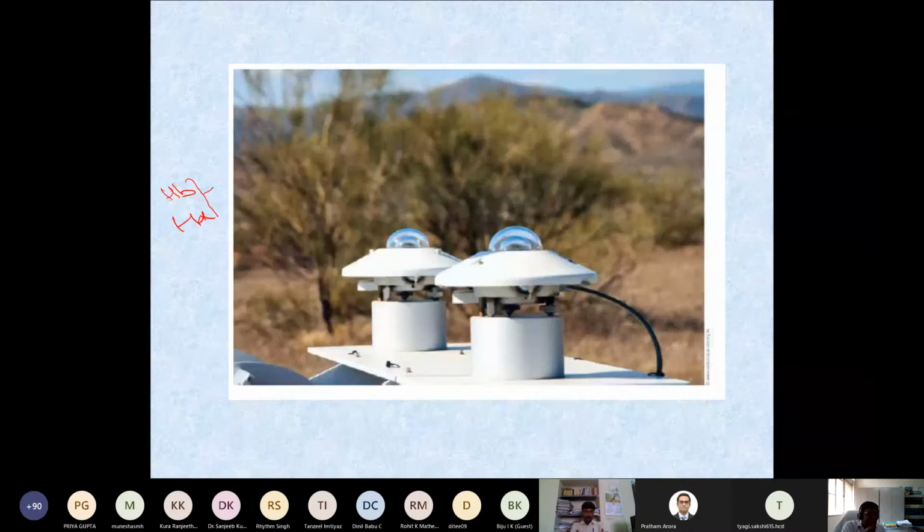Now, what is the technique? I'll not discuss it in detail here. The total solar radiation is very easy to measure, and there are many models, mathematical models or theoretical correlations, available in the literature, where you can determine the diffuse solar radiation.